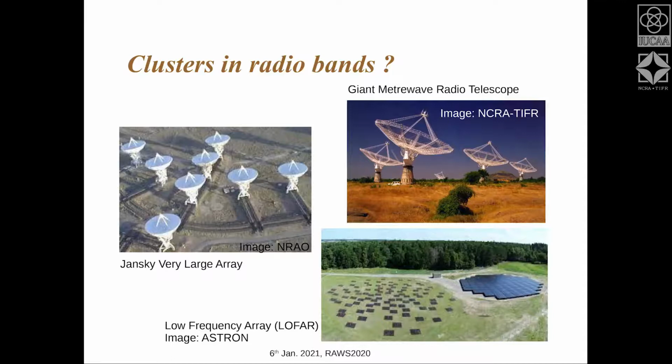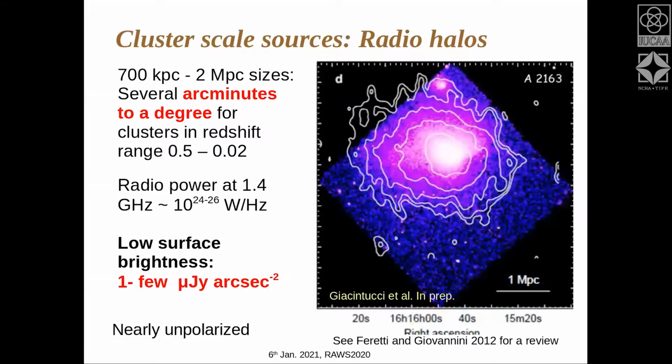So basically in radio bands, I already mentioned that the synchrotron emission from the relativistic electrons and the weak magnetic fields in the intracluster medium happens to be detectable in radio bands, and that is where our interferometric observations have come to our aid to learn about the radio properties of galaxy clusters.